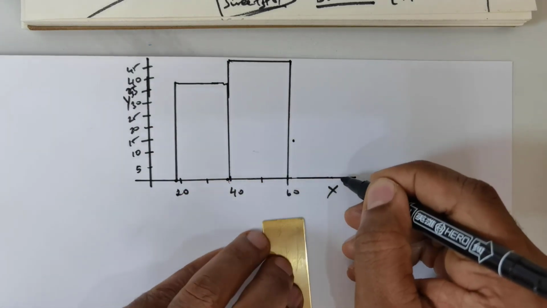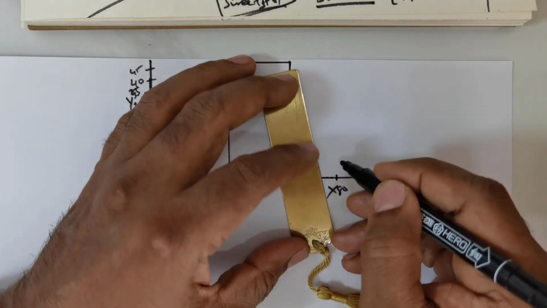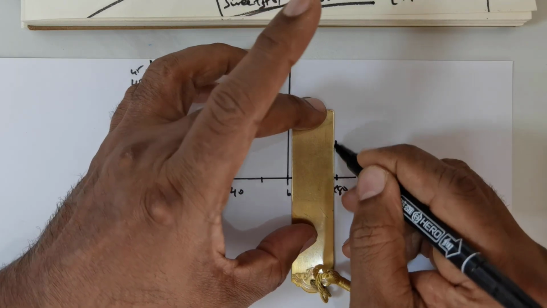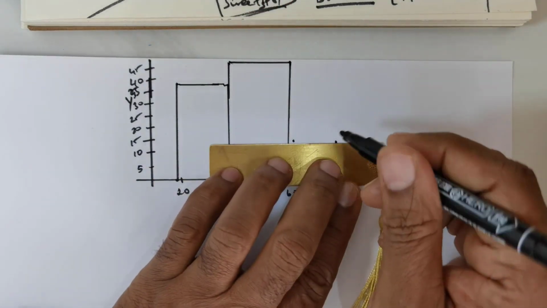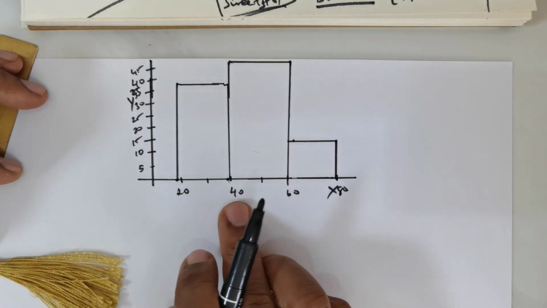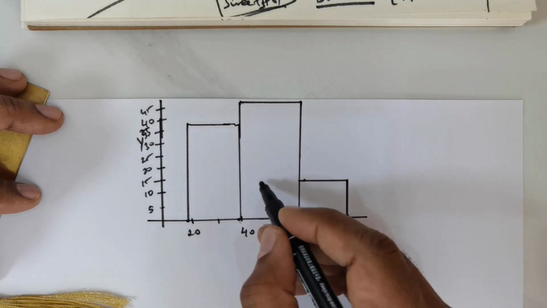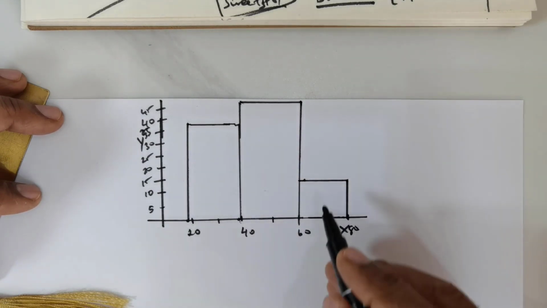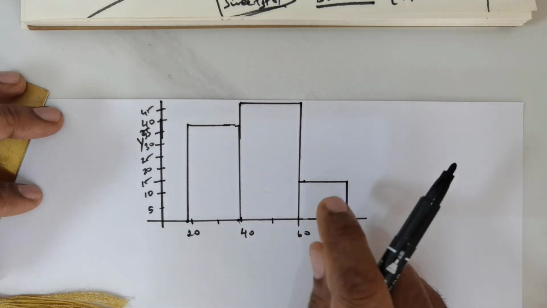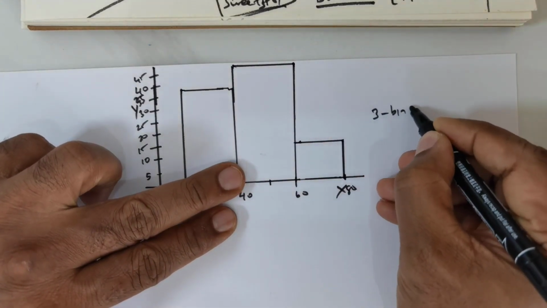This is 60 plus, right? 60 to 80 years of age, these are the people who will fall into this group, right? So 20 to 40, 39 or 38, this is 46 people driving the cars, and 60 to 80, 16 people. So this is the division. Now this is for 3 bins.